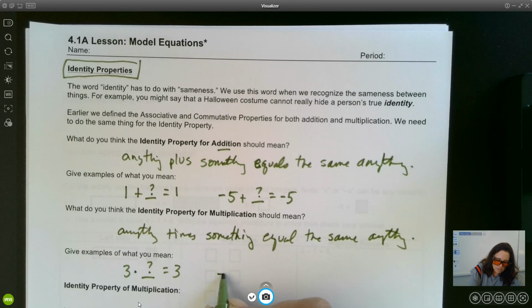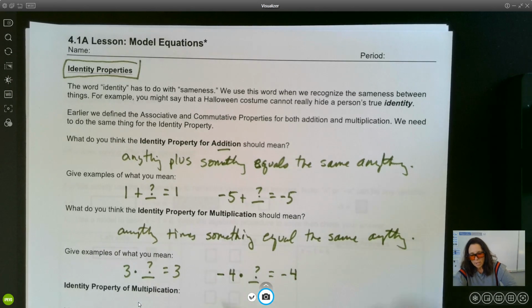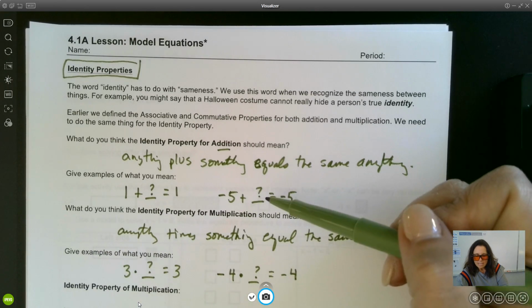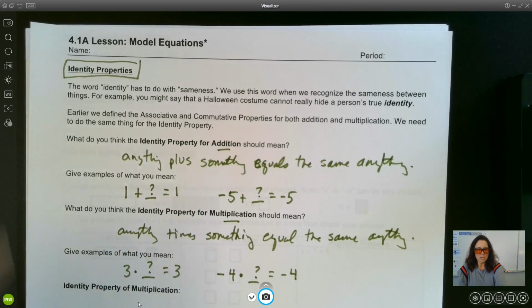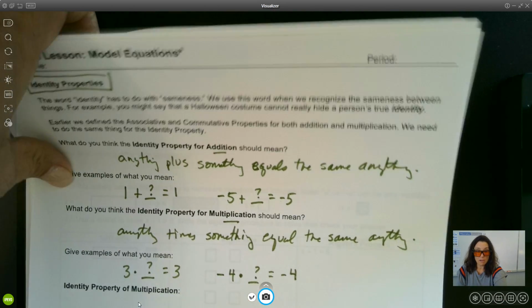Let me give you one more example. -4 times something should give you what you started with. All right, so hopefully you have in your mind what you would need to do with addition and what you would need to do for multiplication to get back the original thing.